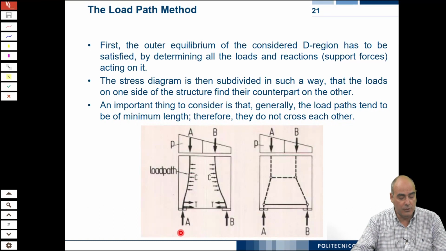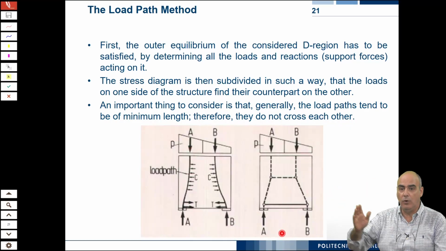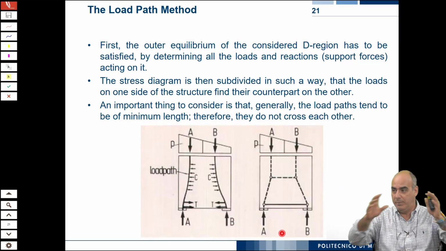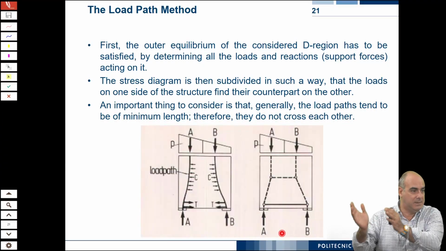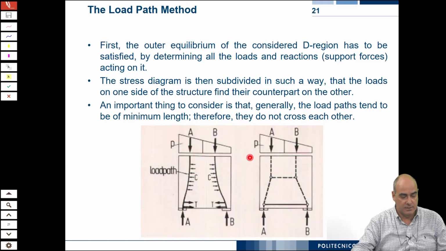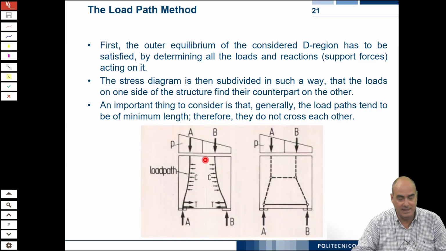So you first calculate A and B. And then you go on the distribution of the load and divide your applied load into two parts so that the right part is B and the left part is A. So this is not the middle. It's not exactly the middle, even if it might look so. Then what do you have to do? Well, you know that this force A has to go to this support, and this force B has to go to this support.